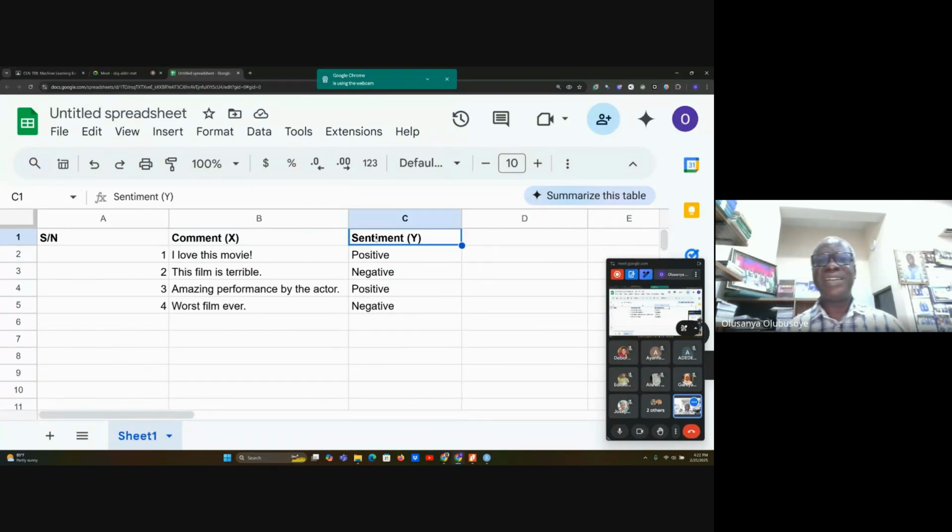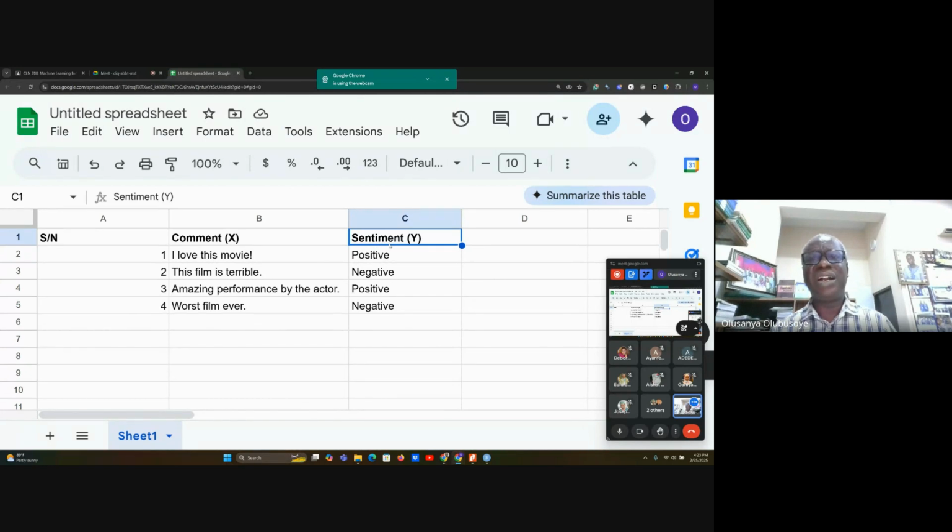So in that case, we have a dependent variable, which is y, and we have only one independent variable, in this case, the comment, and that is x.